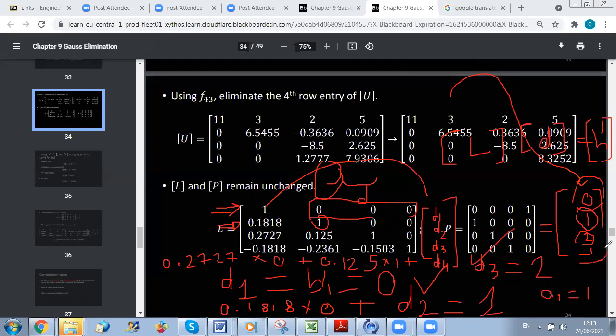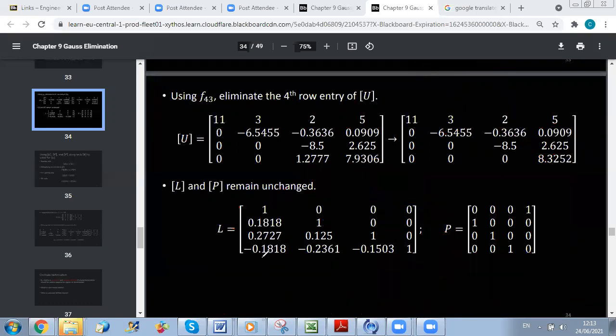And finally, the fourth equation will be minus 0.1818 d1 minus 0.2361 d2 minus 0.1503 d3 plus d4 equals b prime 4. I already have b prime 4, d1, d2, d3, so I get d4. This is called the forward substitution.